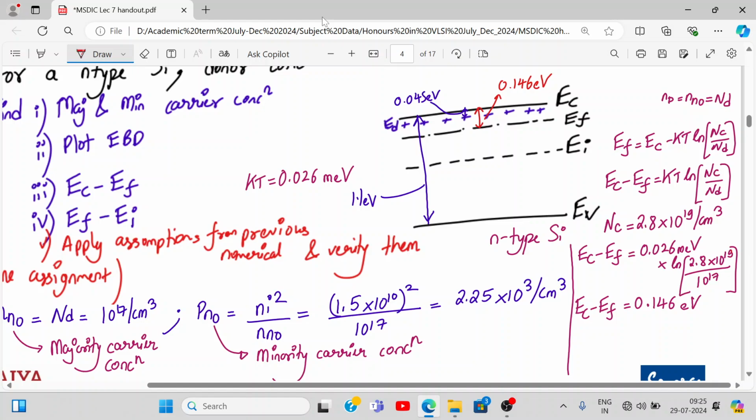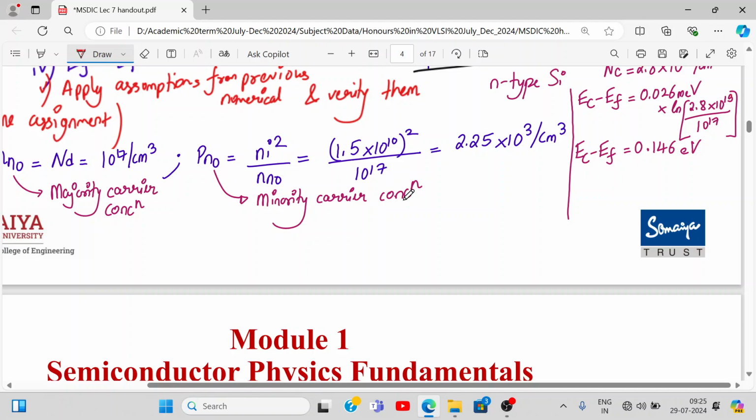Okay. Now we have to find EC minus EI. Do we have a formula relating EF and EI? What is it? Yeah. So what was the formula?